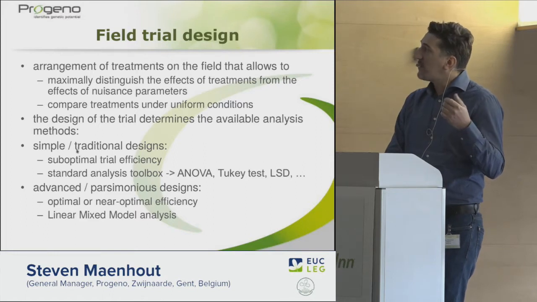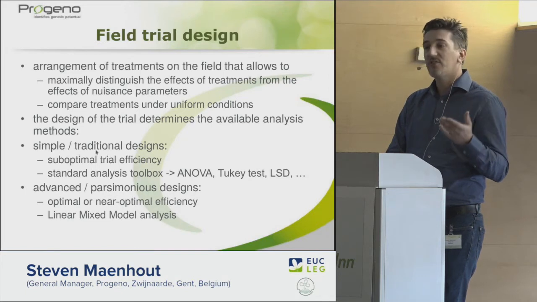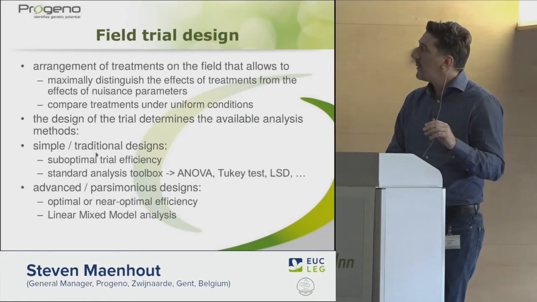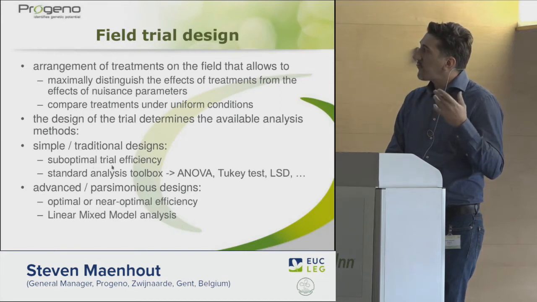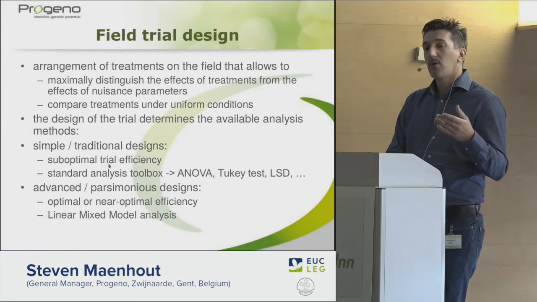So what I'll call simple, which sounds negative, but basically what I call traditional designs, like the randomized complete block design, there's nothing wrong with that, just to be perfectly clear. In some situations, it's the best possible design that you could do. But in most other situations, it's suboptimal in trial efficiency, depending on what goal you're trying to reach.